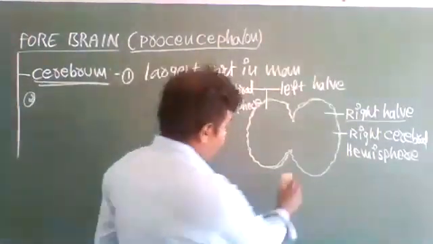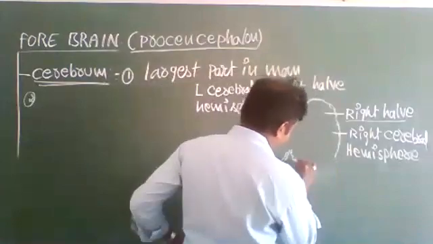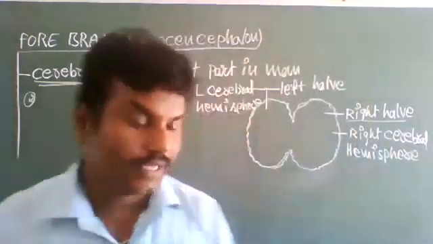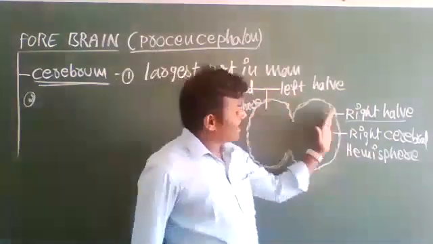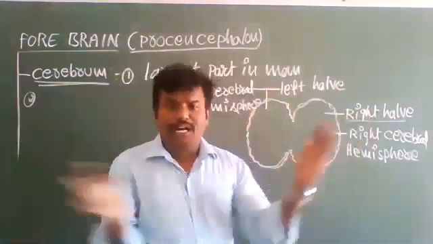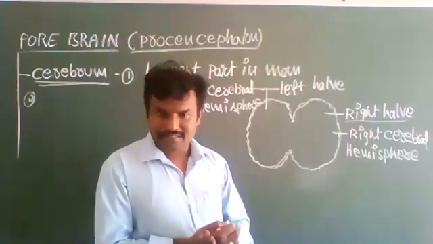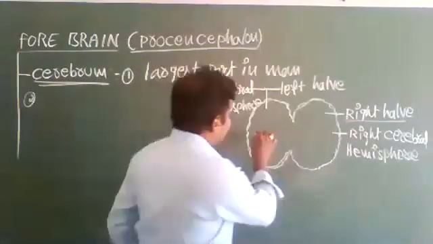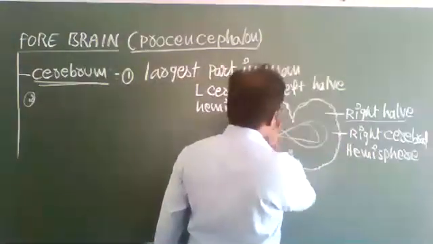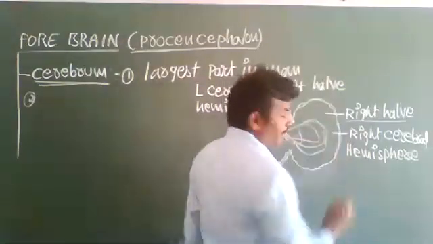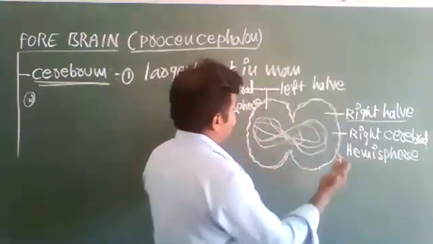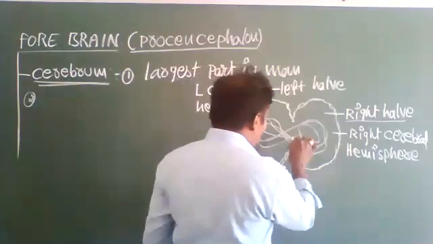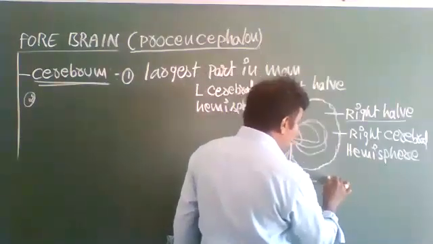The right and the left cerebral hemisphere both are connected together with the help of bundles of nerve fibers. Bundles of nerve fibers help in connecting the right and left hemisphere. This is called corpus callosum.